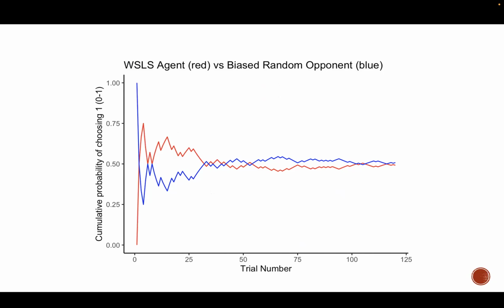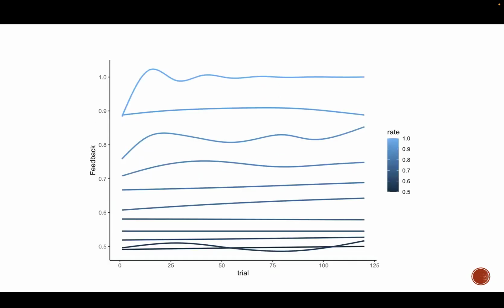If it's 0.7, it's most likely to stay to the right. And so that level of performance sort of stabilizes. We can change the rate of the biased agent and see how the performance of the Win-Stay-Lose-Shift agent changes.